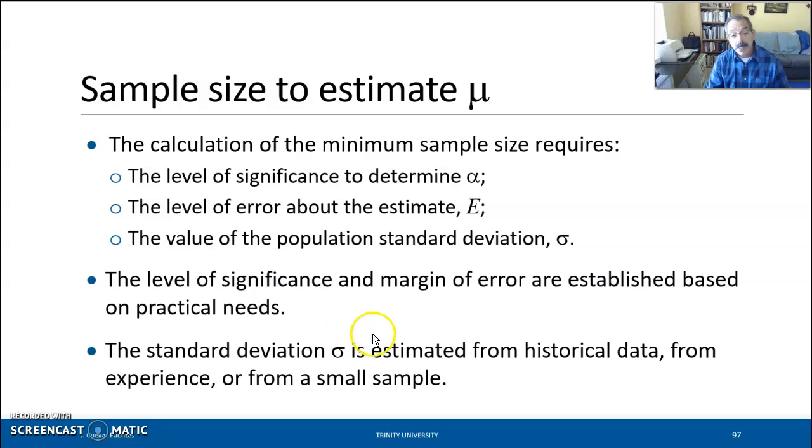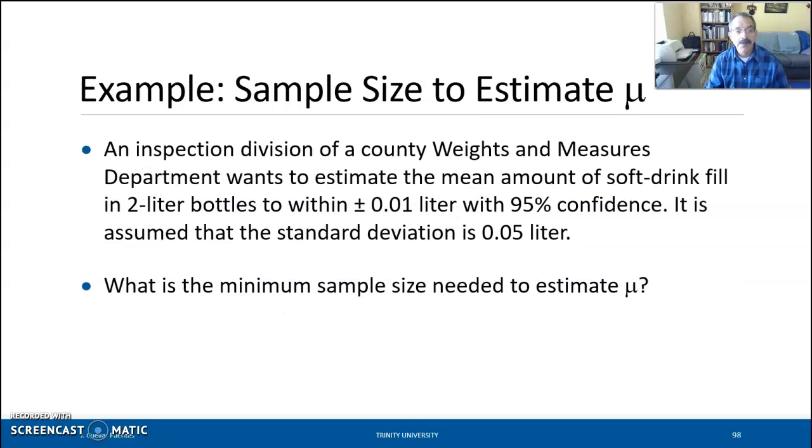And the standard deviation, of course, is not known because we would have to study the whole population. So what we do here, we look at historical data, or from experience, or from a small sample, we estimate the population standard deviation. And using that information, then we can calculate the sample size.